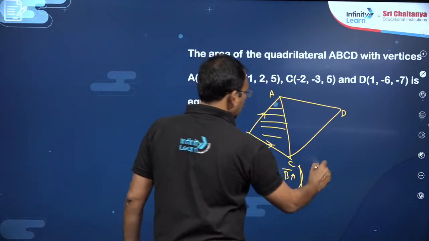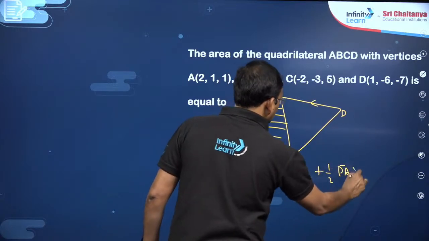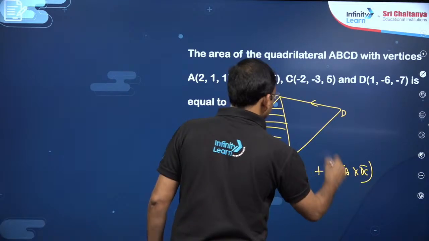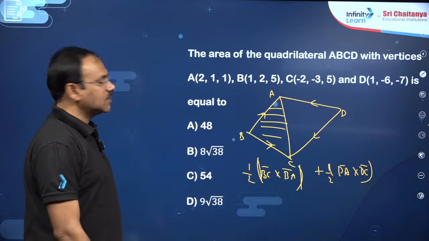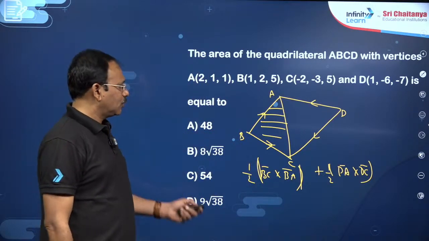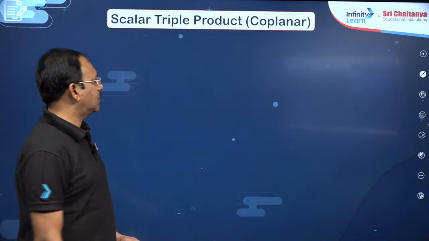Okay, now half DA bar cross DC bar, to this you can find, you will get another vector, you can just add, that's it. So to save your time, I am just giving the hint to the problem how to solve, dear students.